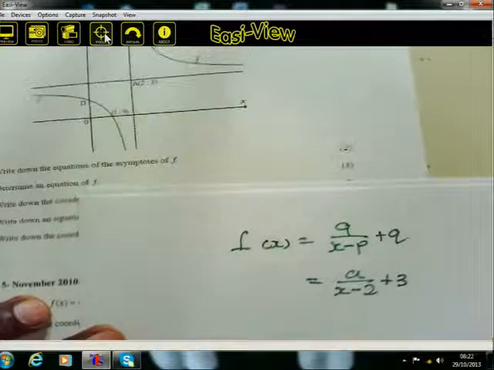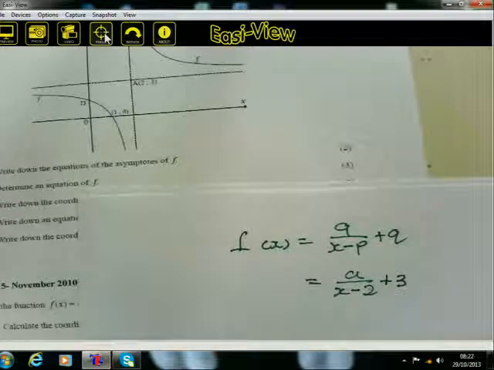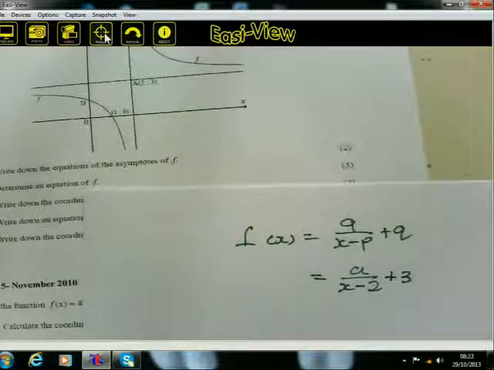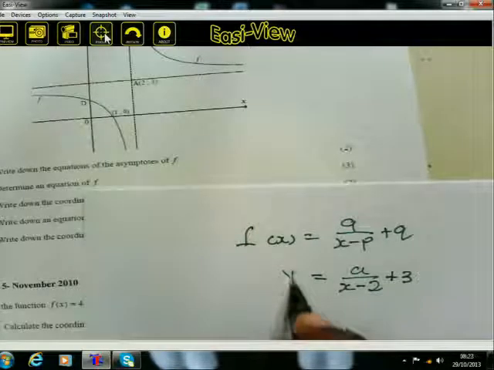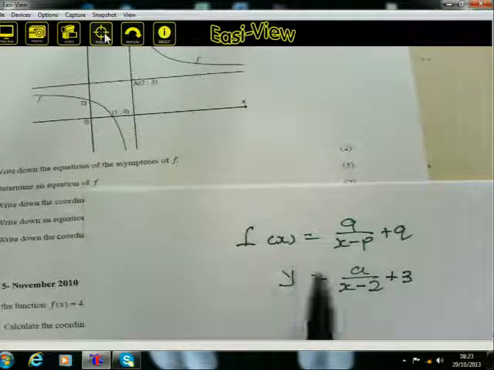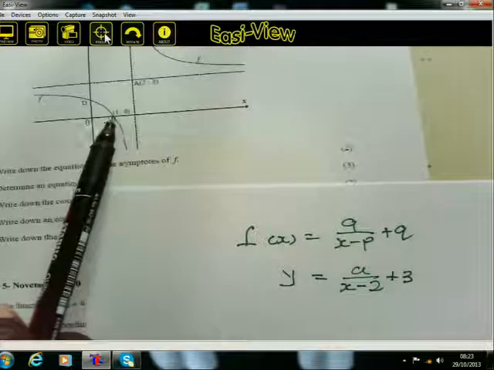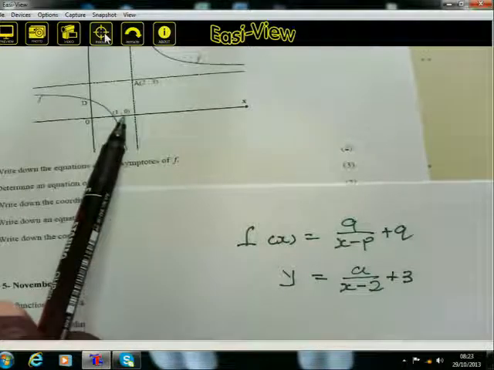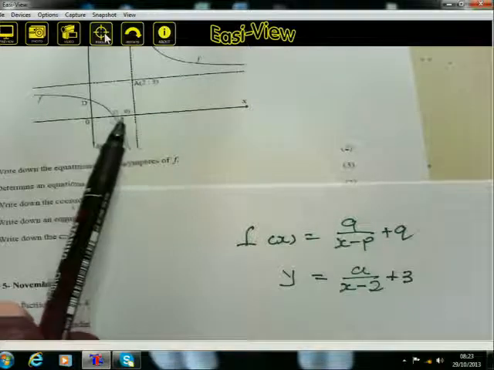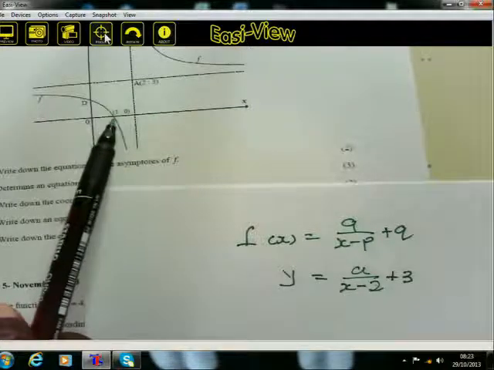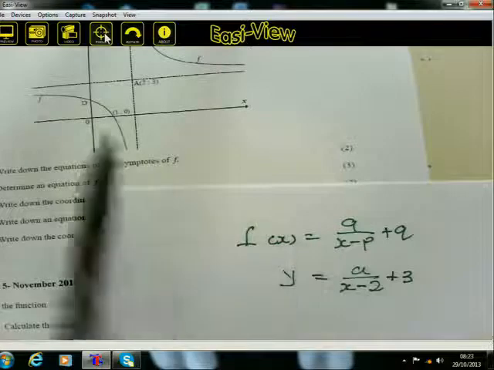And after that, like we did with the parabola yesterday, to get the value of a, we must look for another point on the graph. Do we have it? Oh yes, there it is. That point, 1 and 0. So we are going to use this point to determine the value of a.